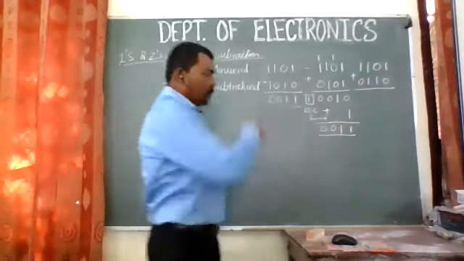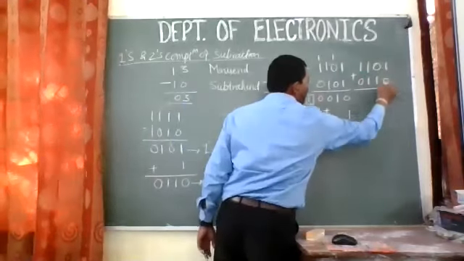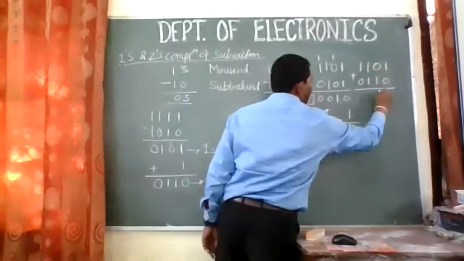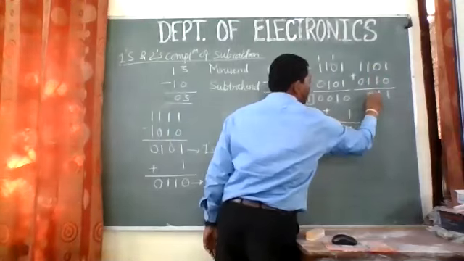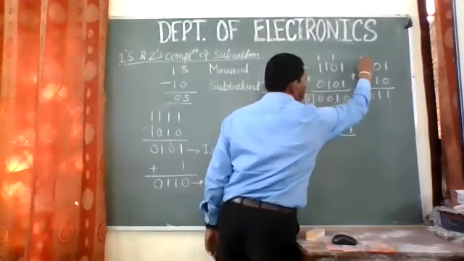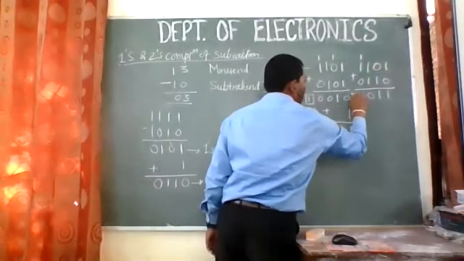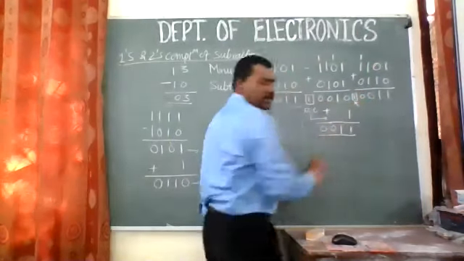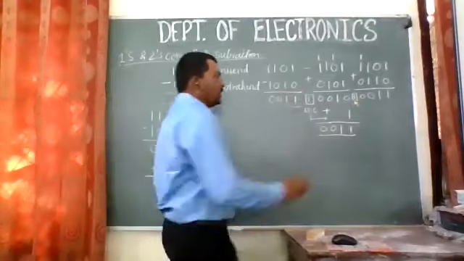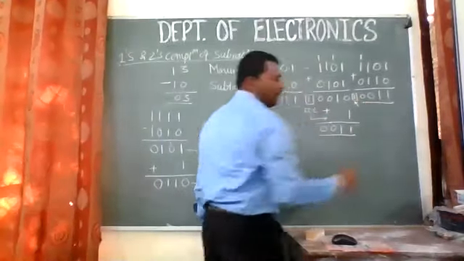So if you add this, what would be the result? 1 plus 0 is 1, 0 plus 1 is 1, 1 plus 1 is 0 with a carry 1, 1 plus 0 is 0 with a carry 1, right? And we have to neglect this carry. So the result is 0011.